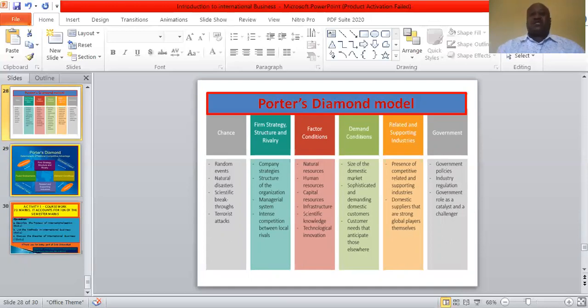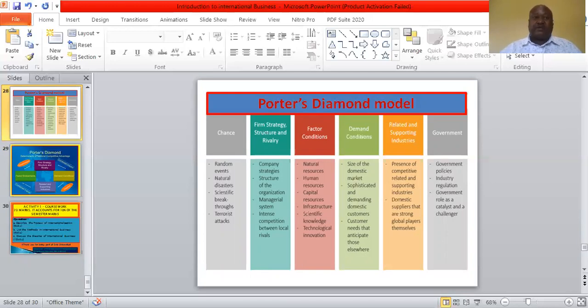We look at demand conditions, which include size of the domestic market, sophisticated and demanding domestic customers, and customer needs that anticipate those elsewhere. We also look at related and supporting industries, which include presence of competitive related supporting industries and strong domestic suppliers that are global players themselves.